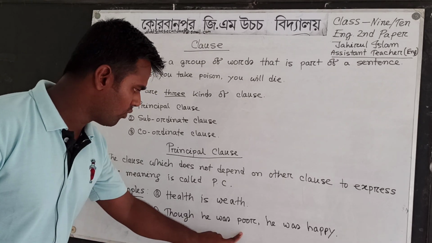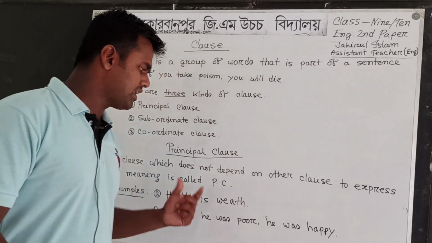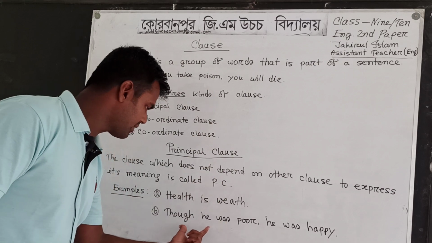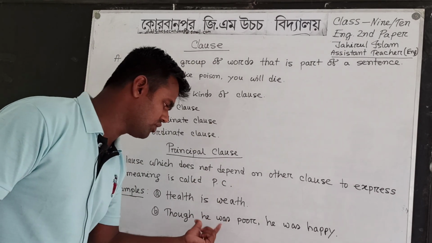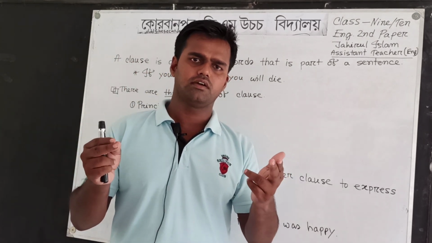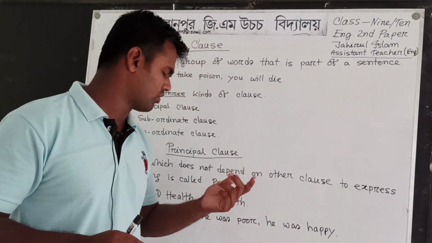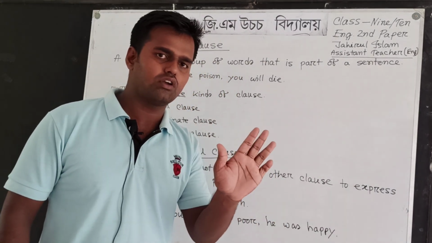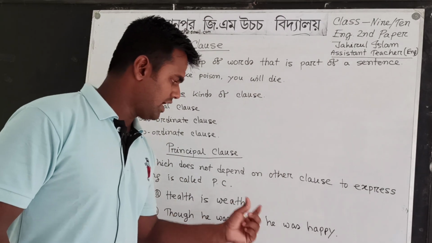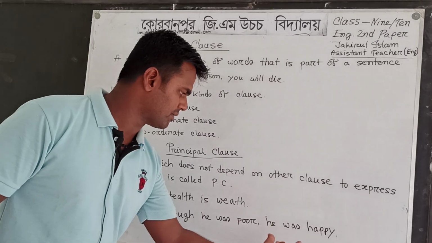Though he was poor, he was happy. Here you can see two clauses. The first clause is though he was poor. Try to think about the meaning. Though he was poor, the clause does not fulfill the meaning by itself. And the other part is he was happy.